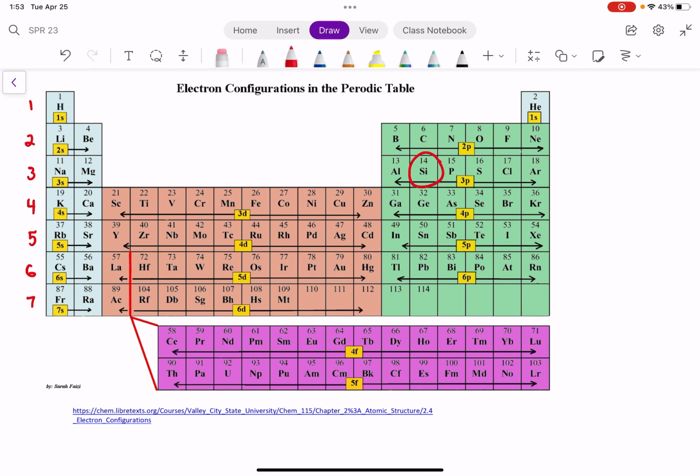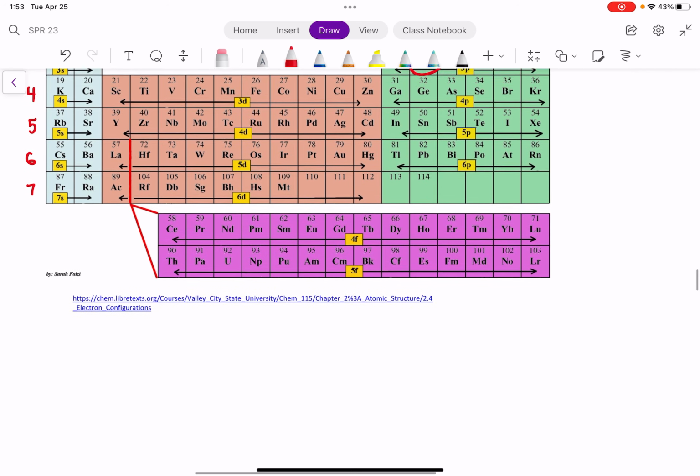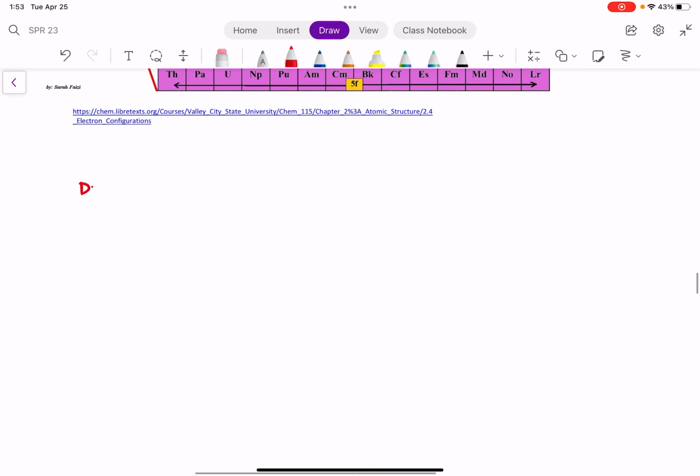So pause the video, try it out. What I want you to do is draw the orbital diagram and give me the electron configuration. Okay, so let's actually write that here. Draw the orbital diagram for silicon.